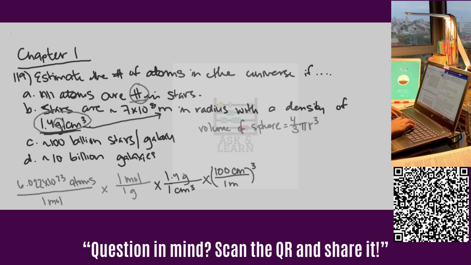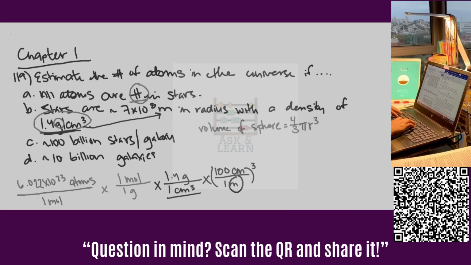We've taken the density of stars so that we can determine how many atoms there are per unit of measurement of star, and eventually getting that into meters so that we can take into consideration the whole volume of the star using the radius.